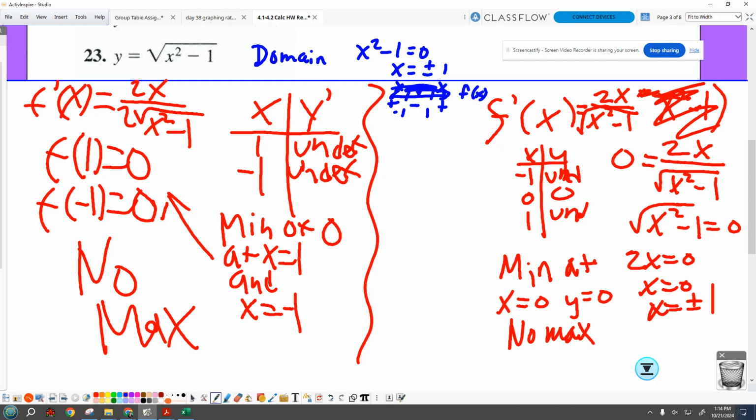So, do you guys know what this function looks like? It's a conic section. You guys know what that conic section looks like? Is it a parabola, a circle, an ellipse, a hyperbola, or something else?